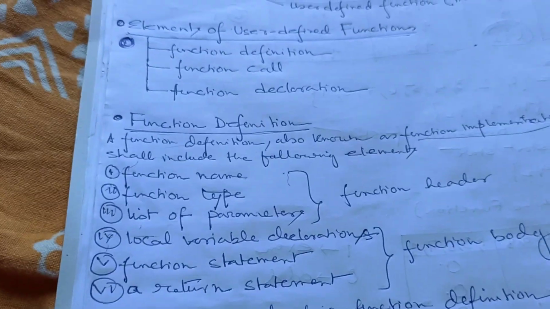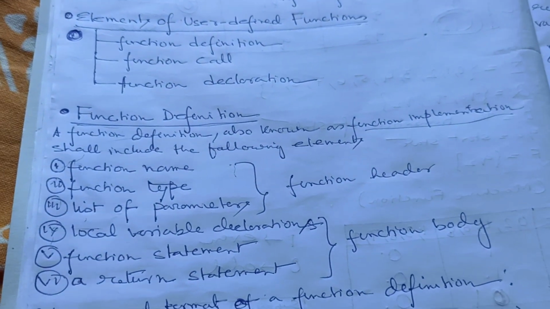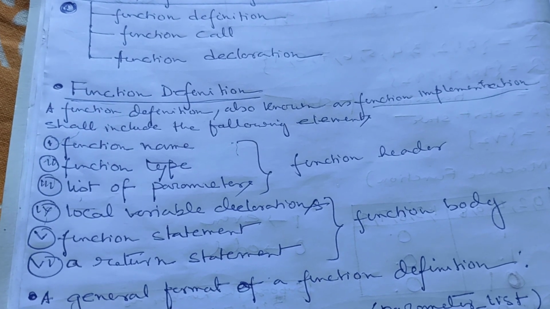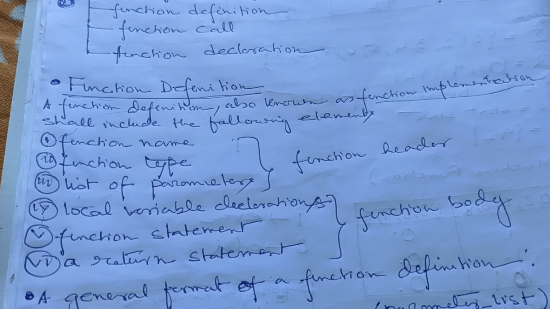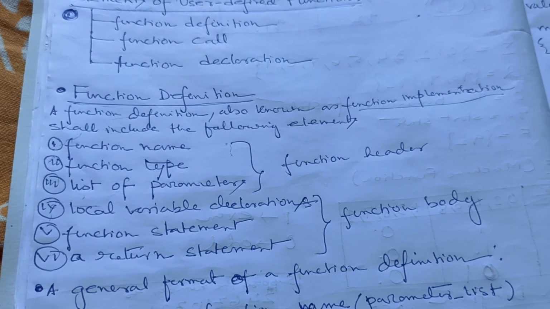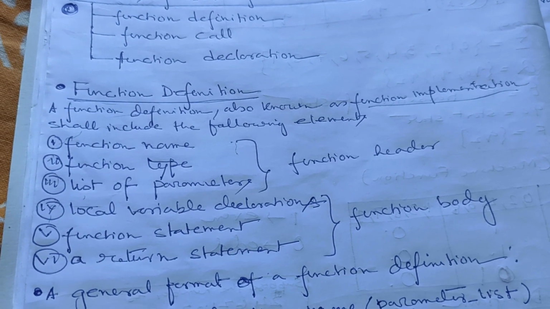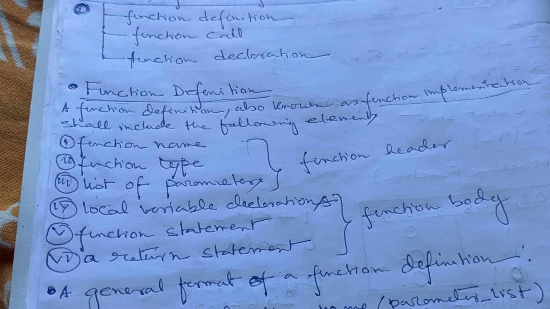Now I will go to what is function definition. A function definition, also known as function implementation, shall include the following elements. So function definition means function implementation.